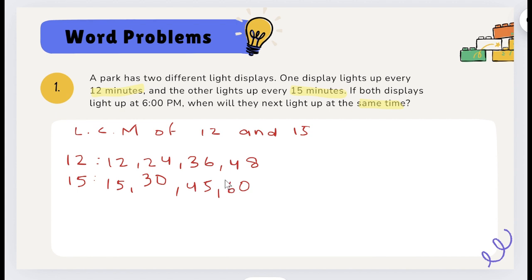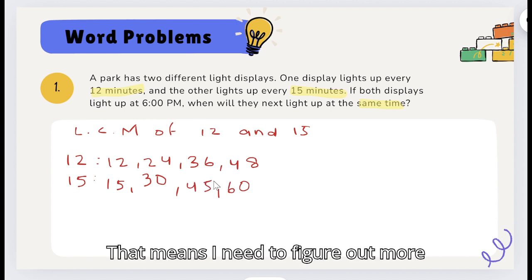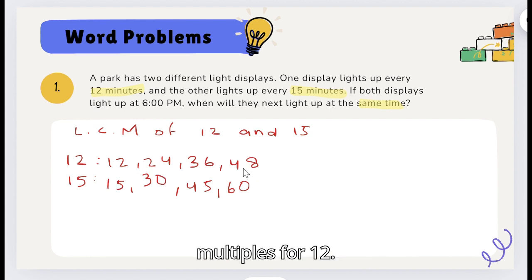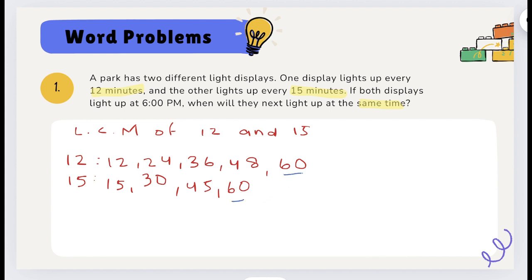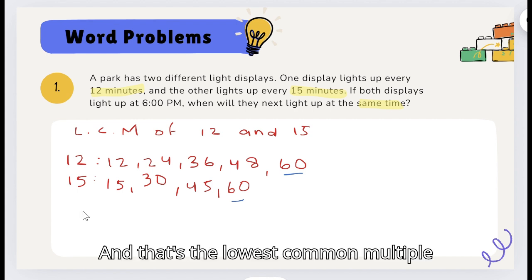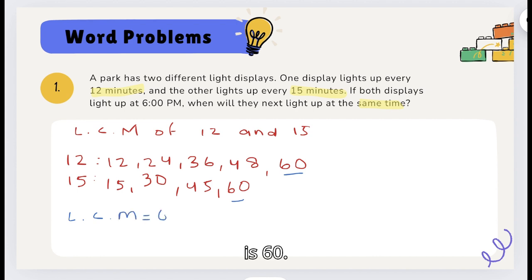Now up till now, I do not have any common multiple. That means I need to figure out more multiples for 12. 12 times 5 gives me 60. So now my common multiple is 60. And that's the lowest common multiple that I have. So my LCM is 60.